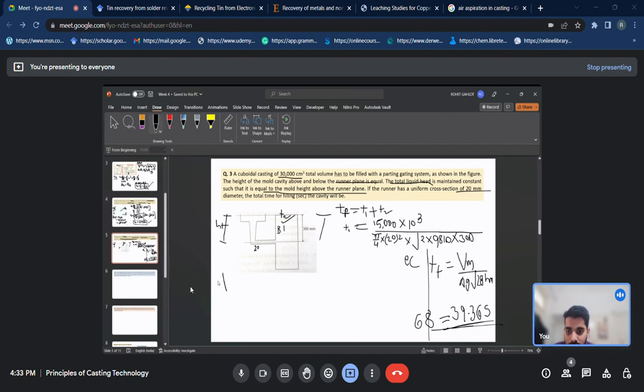So the total filling time, which is the sum of T1 plus T2, will be 19.68 plus 39.36. If you calculate it, it will be around 59 seconds. This will be the final answer.